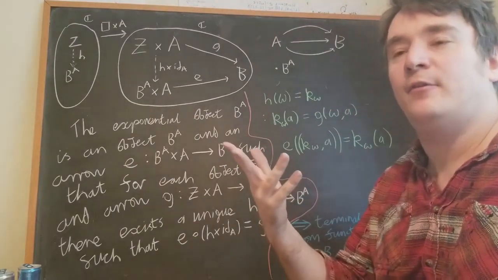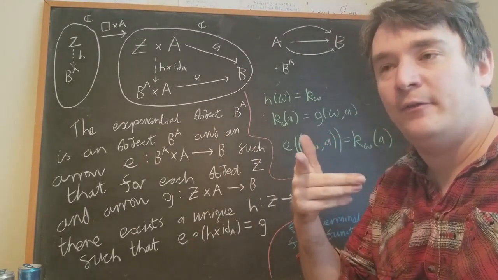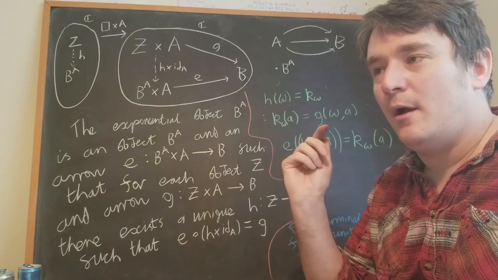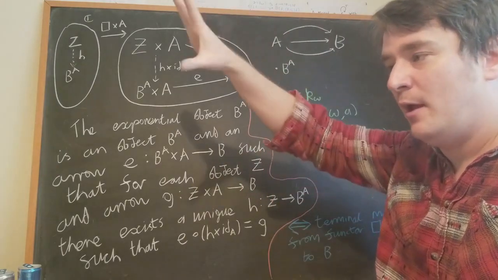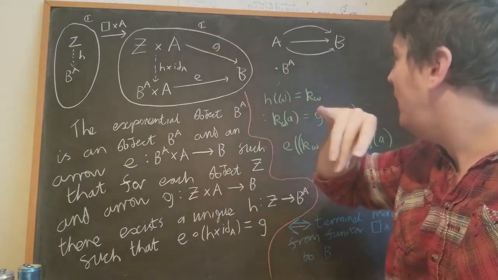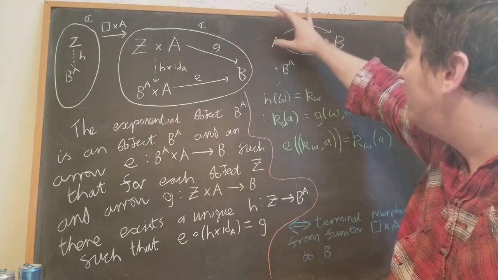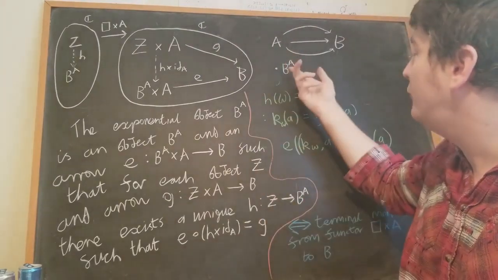Now, what is this? Well, this is another object which somehow represents this collection of arrows from A to B. So what kind of categories have this sort of thing? Well, think about the category Set, which has objects as sets and arrows as functions, okay? So in that, we'd say, well, there's a set of functions from A to B, and that's a set, so it corresponds to another object.